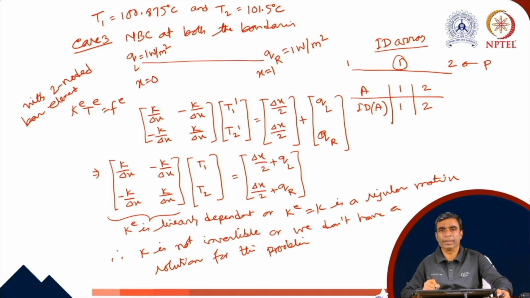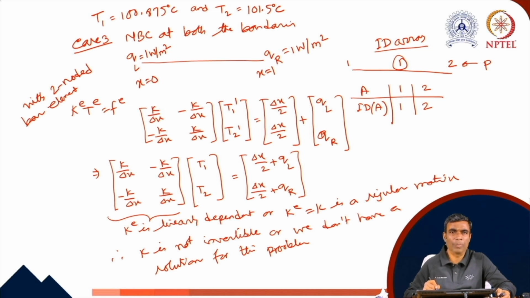So this is an interesting case where we find that the natural boundary conditions at both the boundaries do not alter the element level or the global matrix equation system, particularly the coefficient matrix for the two noded bar element we are showing. So the rows and columns of the matrix K are linearly dependent, and because of that this matrix K is a singular matrix and we cannot solve for this system.